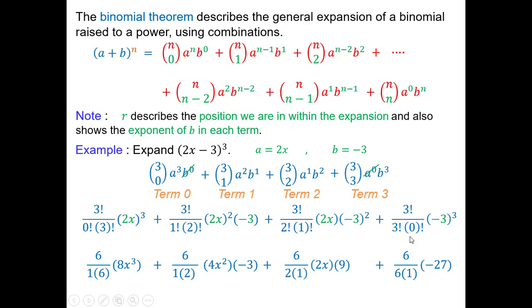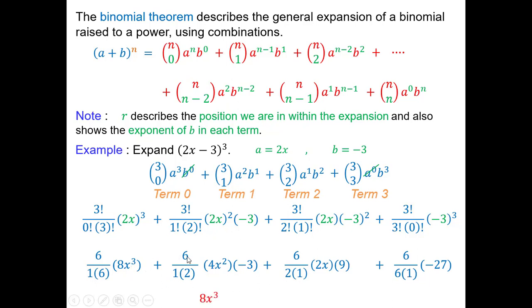And now if we just simply multiply each of the coefficients, we should realize that 6 over 6 is 1, 6 over 2 is 3, 6 over 2 is 3, and 6 over 6 is 1. 1, 3, 3, 1 were the same exact values that row 3 gave us when we looked at Pascal's triangle. So when we multiply each of these terms, the first term becomes 8x cubed.